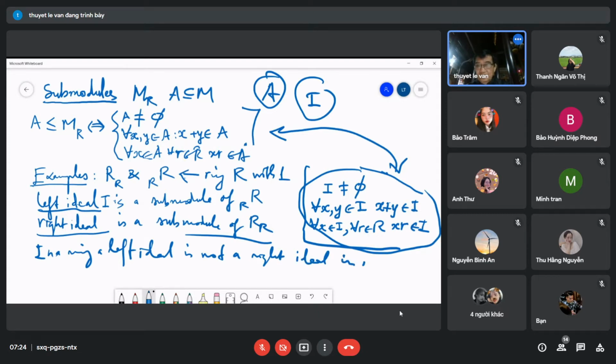In general, we can say that the left ideal and the right ideal are not the same. The right ideal is not the left ideal, and the left ideal is not the right ideal. In general, you can see this.